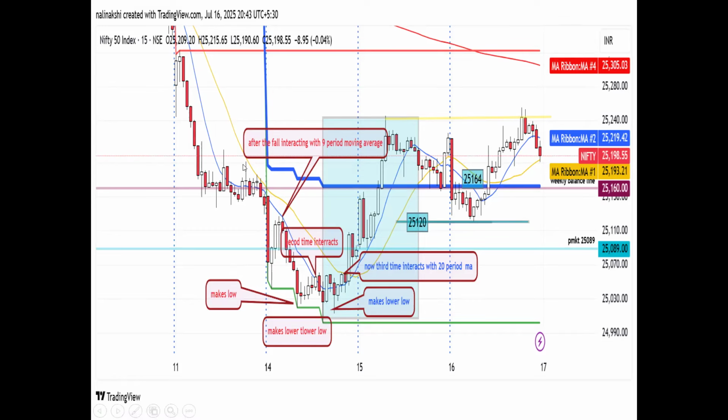See the difference? Here it made a lower high, even though it interacted with the 20-period moving average. Here, after interacting with the 20-period moving average, it made a higher low as well as a higher high. That is an indication that accumulation has completed and the market is trying to move above this.